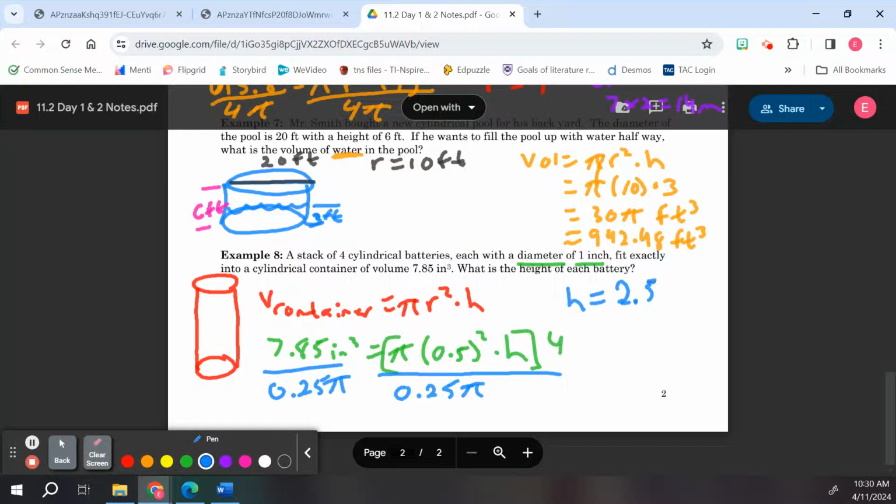Is that true? 2.5 pi divided by 7.85. Just want to make sure, something seems a little bit amiss here.